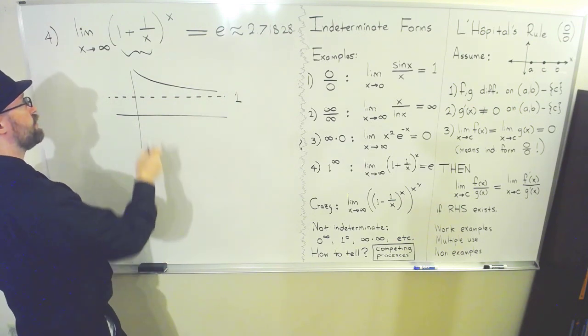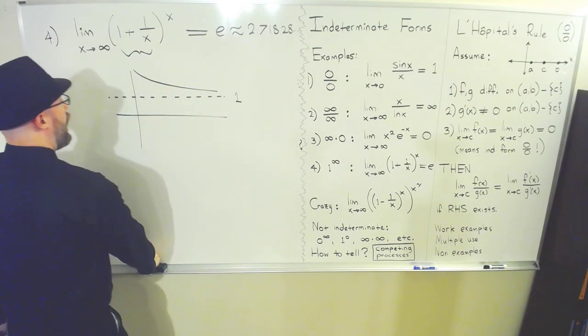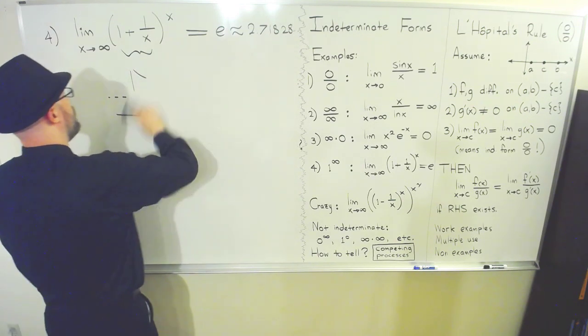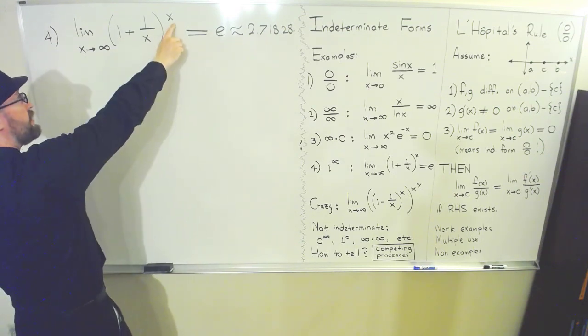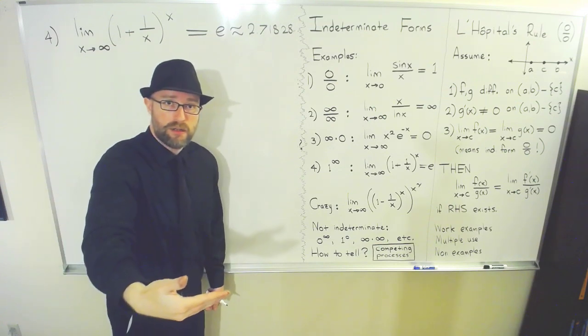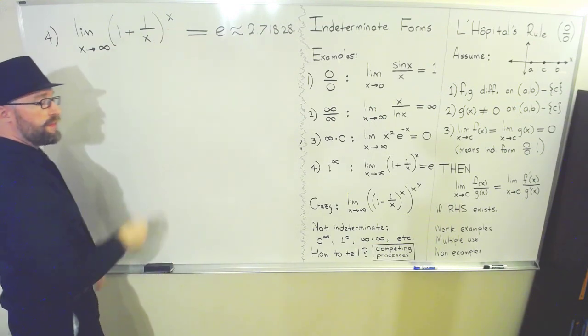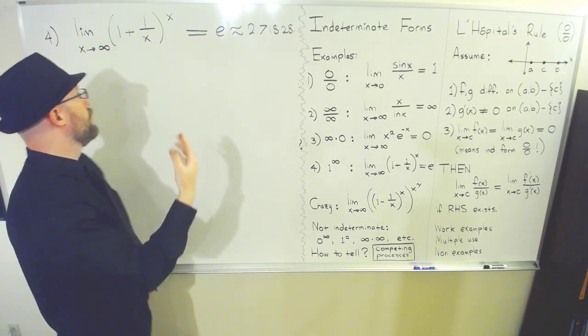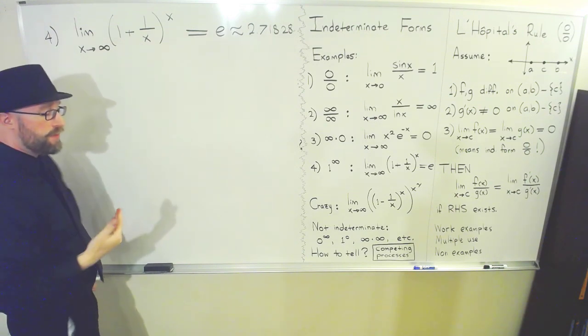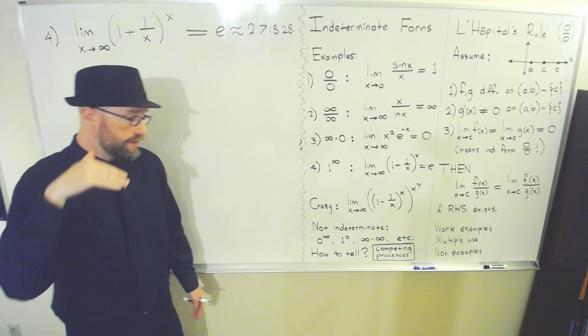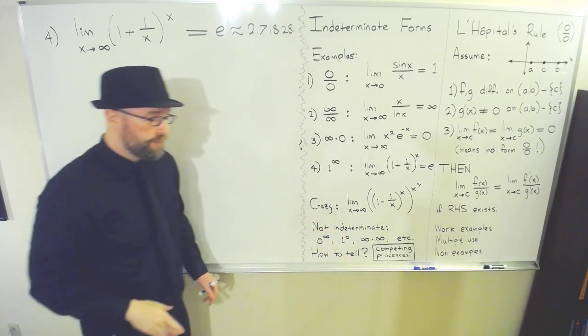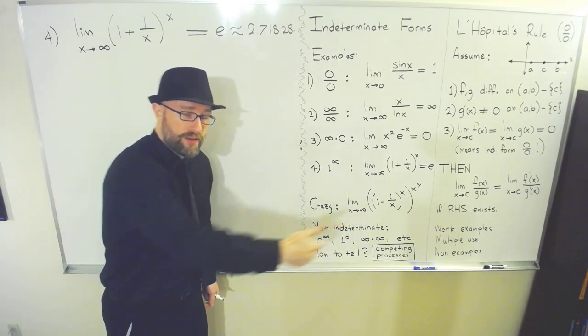It's decreasing toward 1. However, at the same time, I'm taking this whole expression and I'm raising it to a bigger and bigger power. So that makes it want to get big. So I have numbers which, while the numbers themselves are always bigger than 1, they're decreasing down toward 1, but I'm taking higher and higher powers of them.